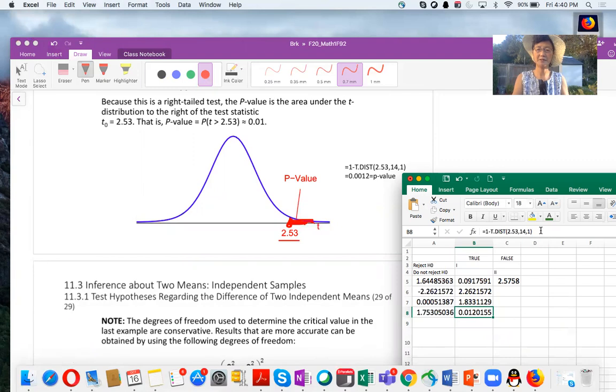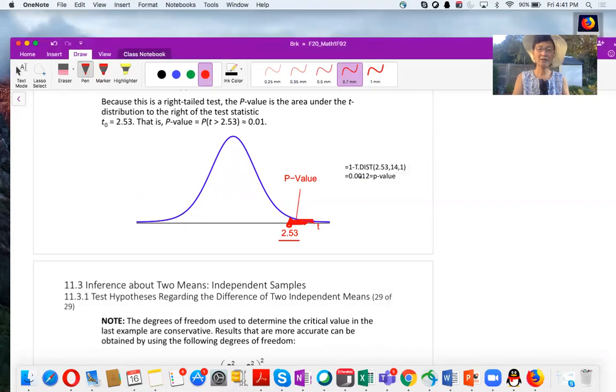That is your p-value. So this is the formula. Obviously, this p-value is smaller than alpha, 0.05. So you conclude, reject H0. The same conclusion as we got from the classical approach.